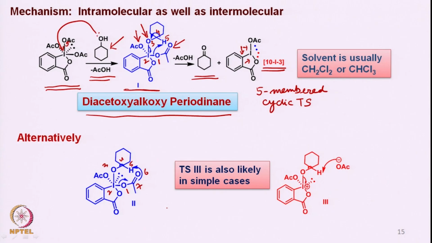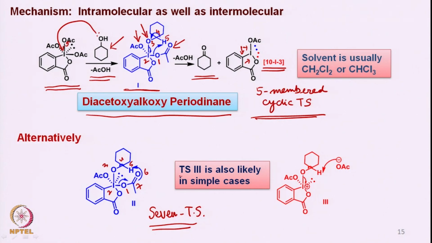So, this is a seven-membered transition state. These both, the five-membered cyclic and the seven-membered cyclic transition states, are intramolecular transition states that allow oxidation to take place.